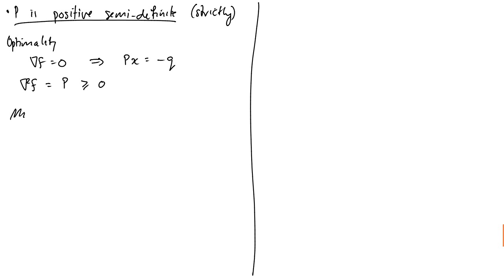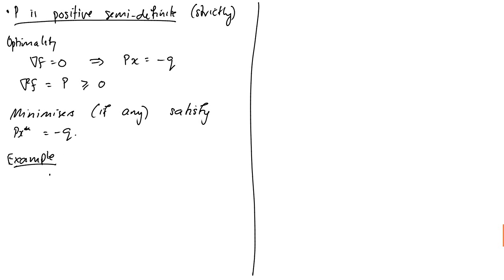So minimizers, if any, satisfy P x star equals negative q. So let's have an example. In this case you can actually have some cases where you can find minimizers and some where you can't.